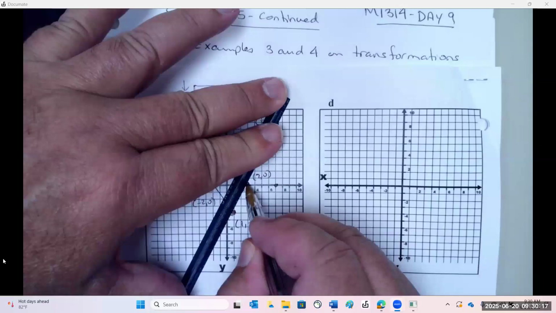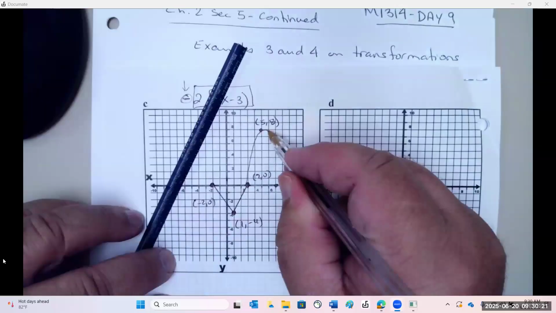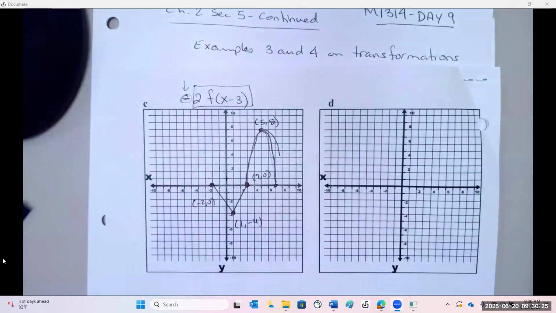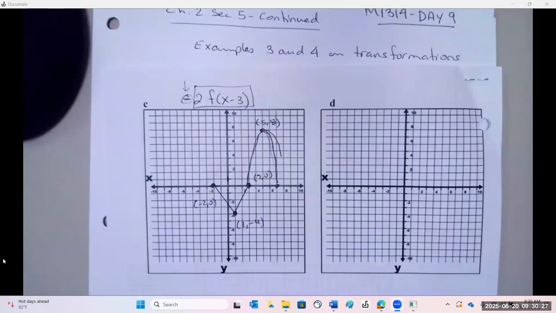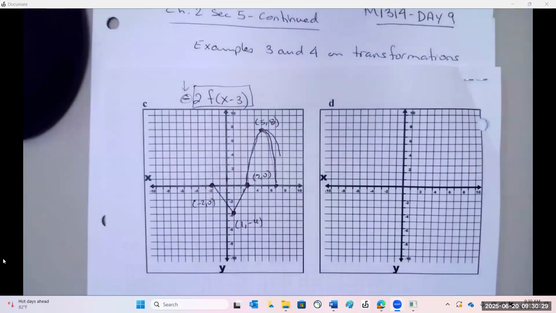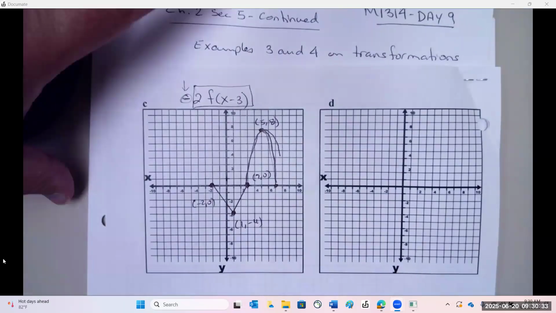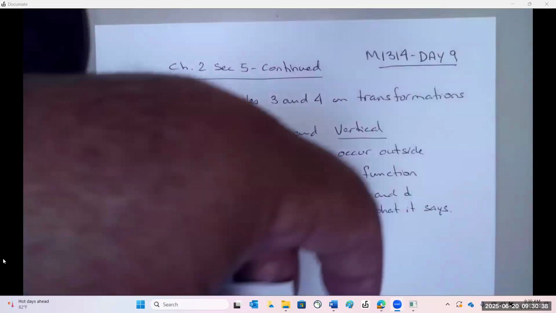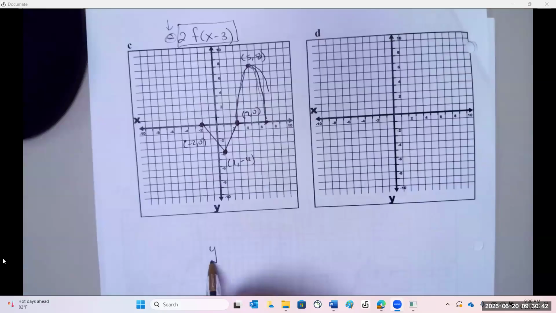So what this tells us, here's our graph now just flipped. And then write down the equation we originally started off with. It was negative 2f of x minus 3 plus 1.